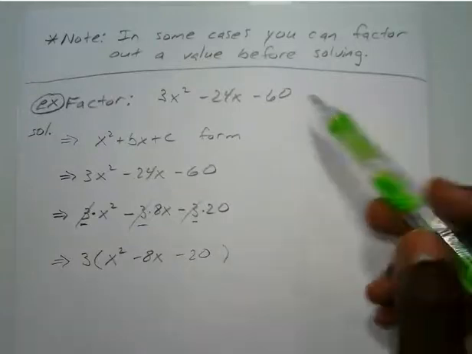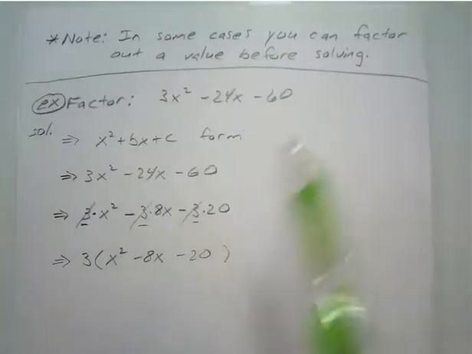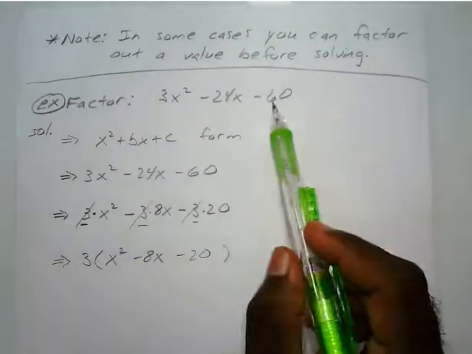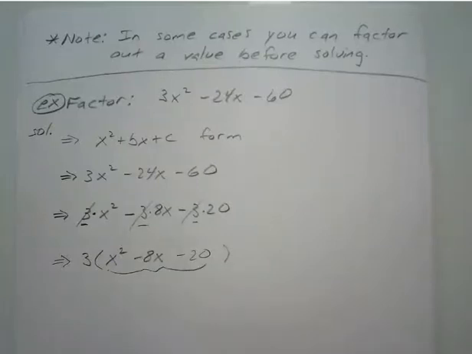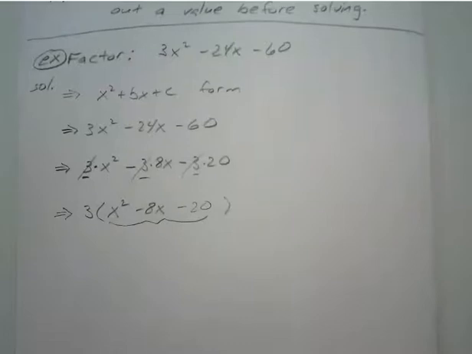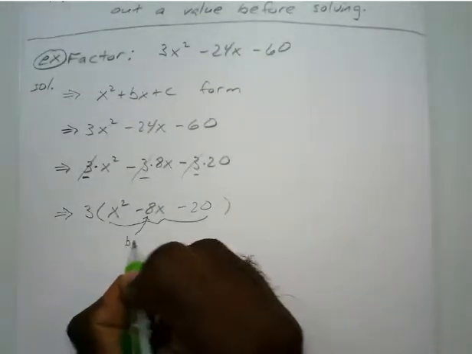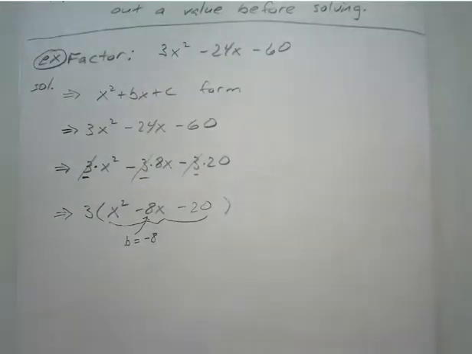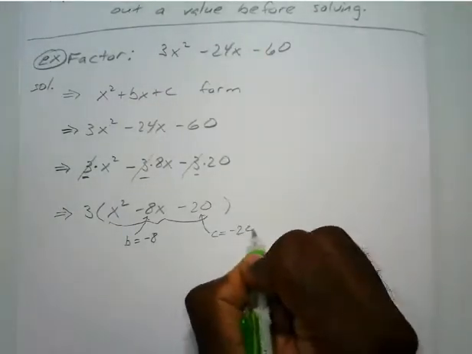So even if it doesn't start off in the x squared plus bx plus c form, if you factor some problems, not all, but some trinomials, you can create an x squared plus bx plus c form. Alright, so let me move that up a little bit. So here, we have b equals negative 8, and c equals negative 20.